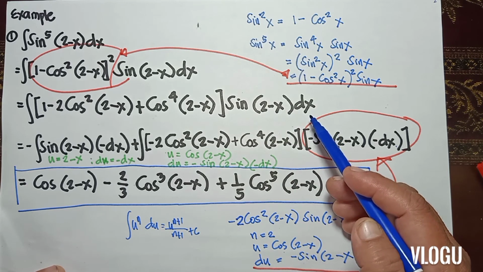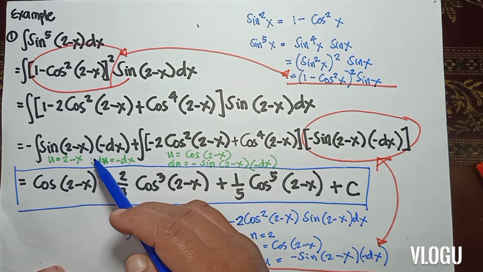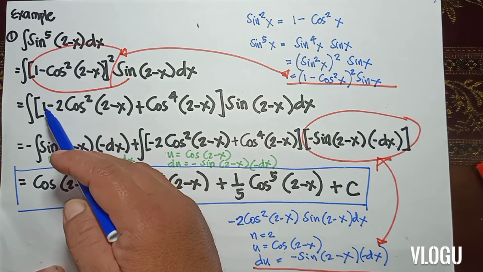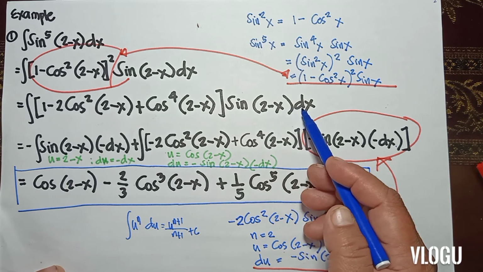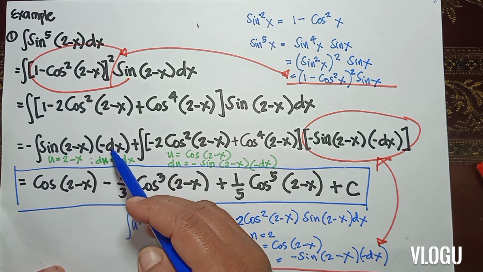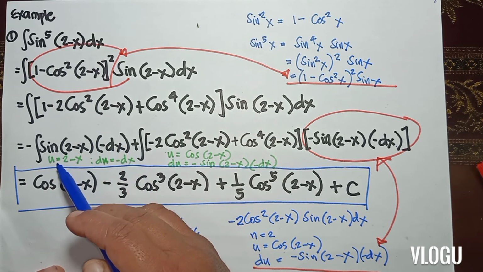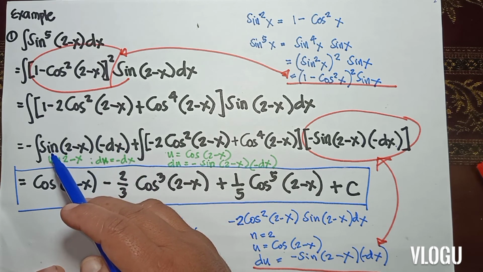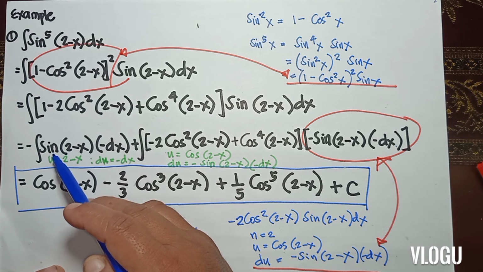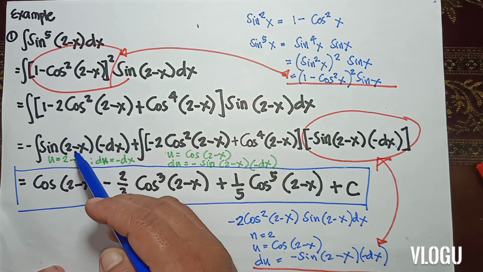Then multiply sine (2 minus x) inside, so you will have 1 times sine (2 minus x) dx. Because you have only one trigonometric function, only sine, your u is 2 minus x.